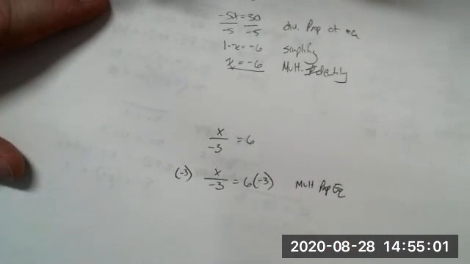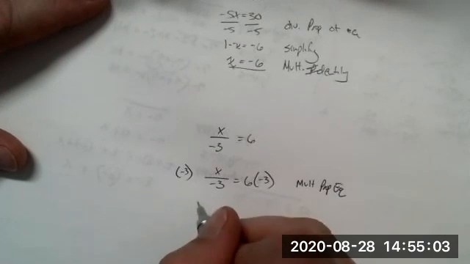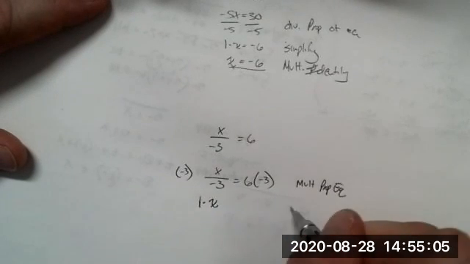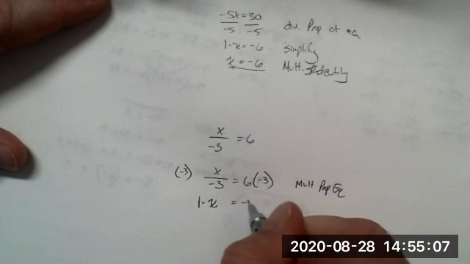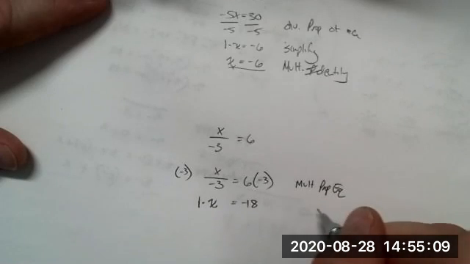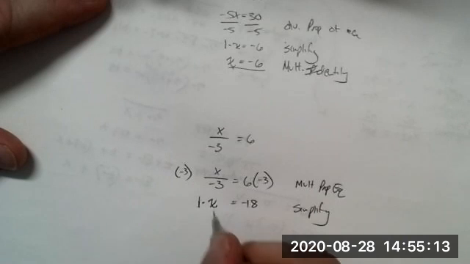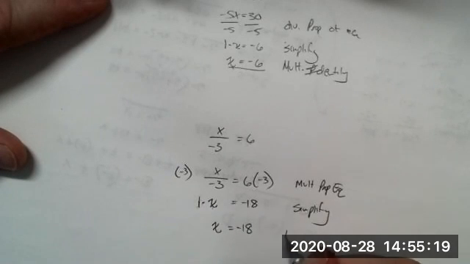That just means I'm allowed to do the same thing to both sides. Any number divided by itself is 1. 6 times negative 3 is negative 18. All I did there was simplify. 1 times any number is itself. So x is equal to negative 18. That is, of course, the multiplicative identity.